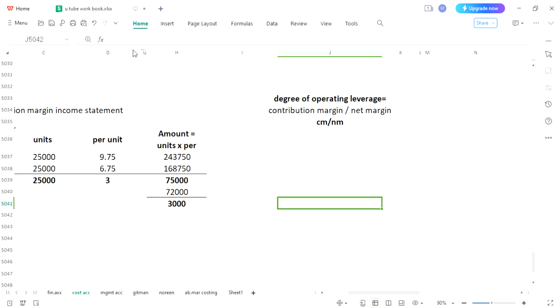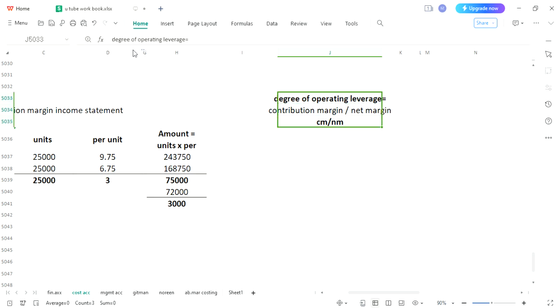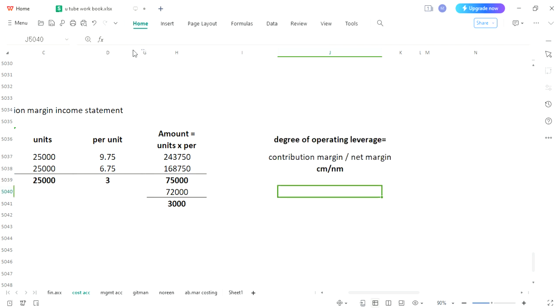So come over here, you need to calculate your degree of operating leverage, for which you apply a simple formula. Degree of operating leverage is calculated how? Contribution margin is divided by net margin. This is your contribution margin, 75,000, and you divide it by net margin, that is 3,000.